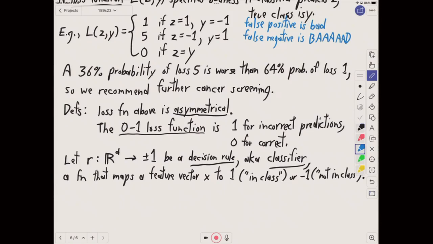This is kind of important, so let me highlight it. The risk for a decision rule R is the expected loss.